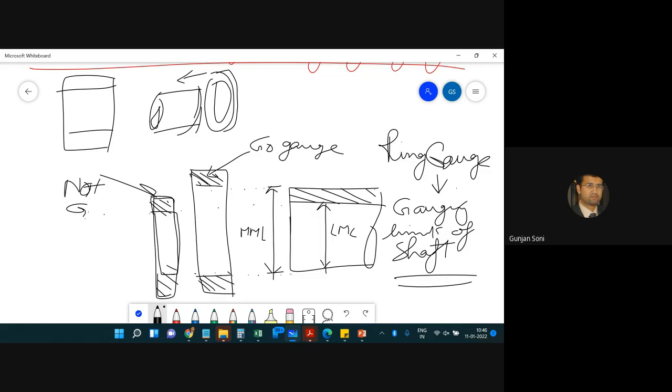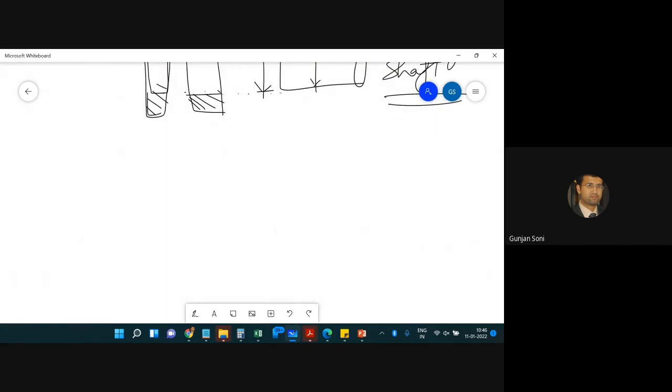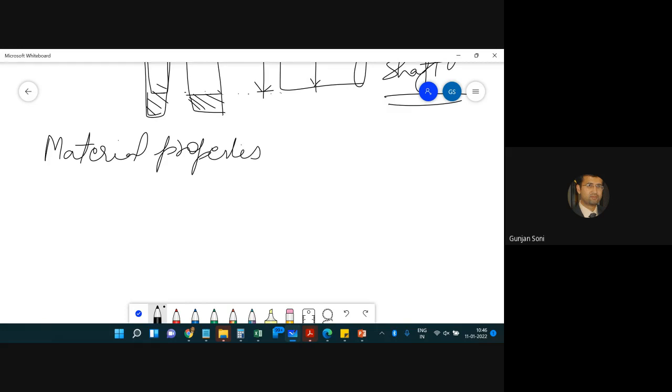Now what should be the material of these gauges? Can you tell? Material properties of these gauges. What should be the material properties of these gauges? Anyone?